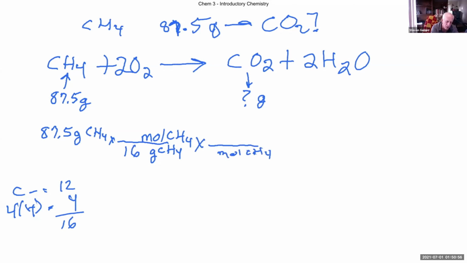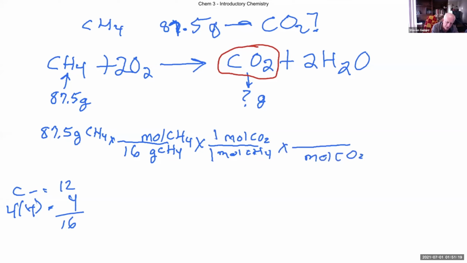And what do I want to end up with? CO2. Perfect. So how many moles of CO2? Look at your chemical equation. I got 1 mole of methane and 1 mole of CO2. And then for moles of CO2, I've got to go back to grams of CO2.